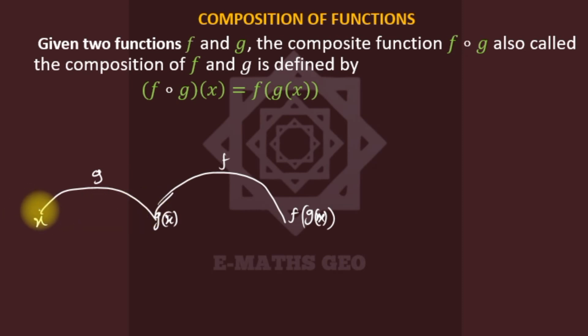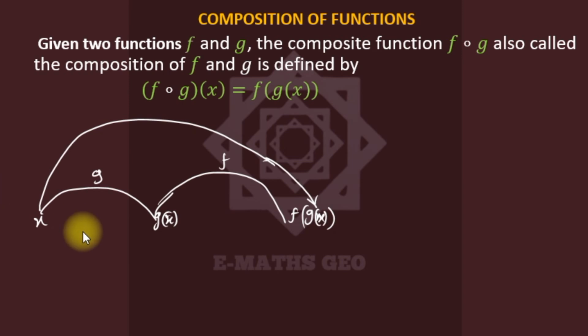So if you combine two functions in such a way that you substitute one function into another, f composite g means we need to substitute g of x in f of x. But if it's g composite f, we need to substitute f in g of x.